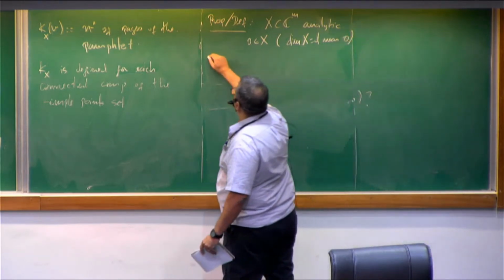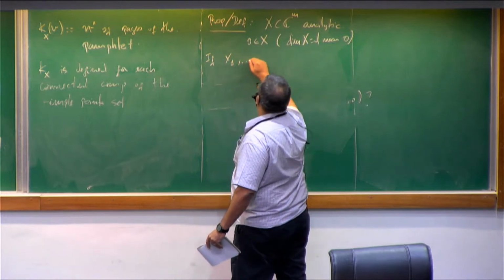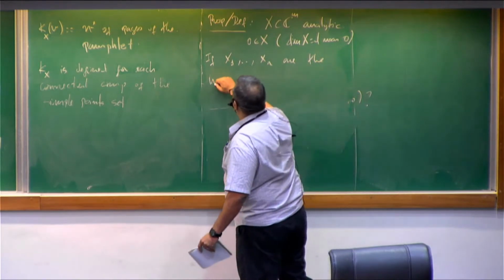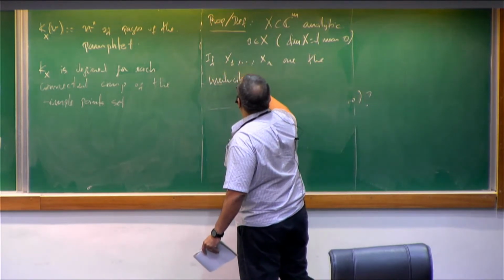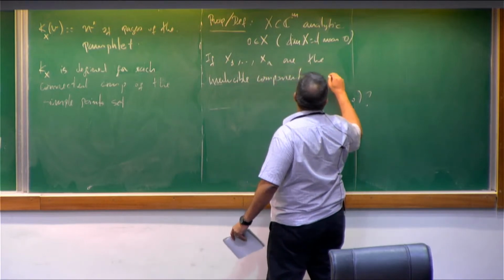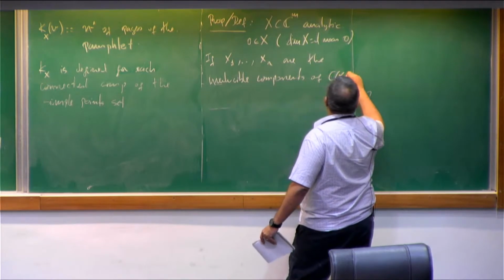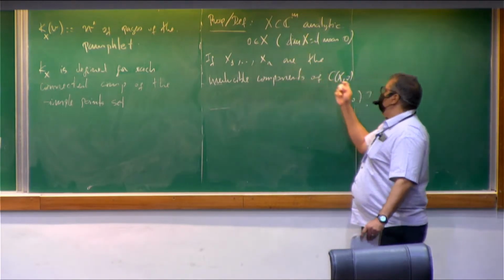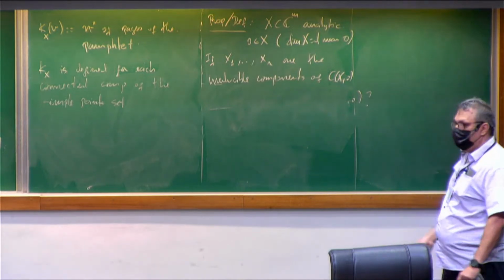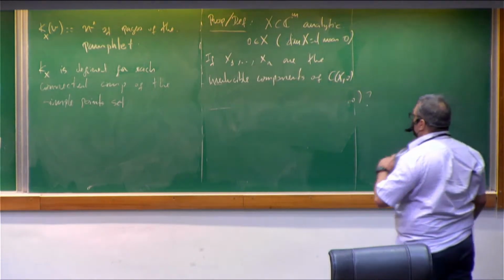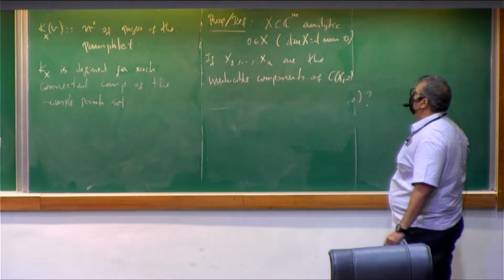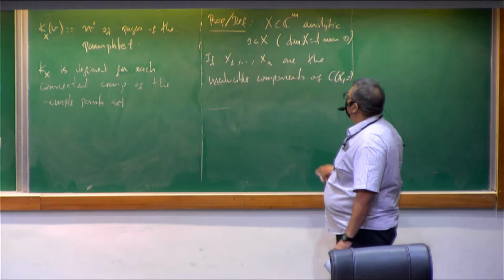So if X1, ..., XR are the irreducible components of the tangent cone, which is analytic, an algebraic set, we already saw that with Professor Sampaio, then you consider the corresponding irreducible components. Take all of them.